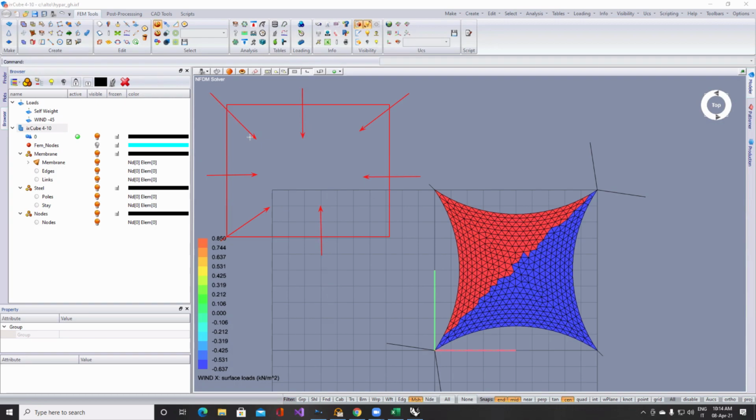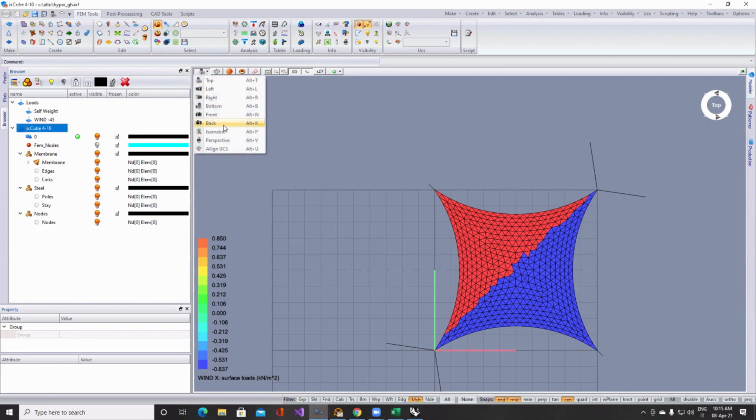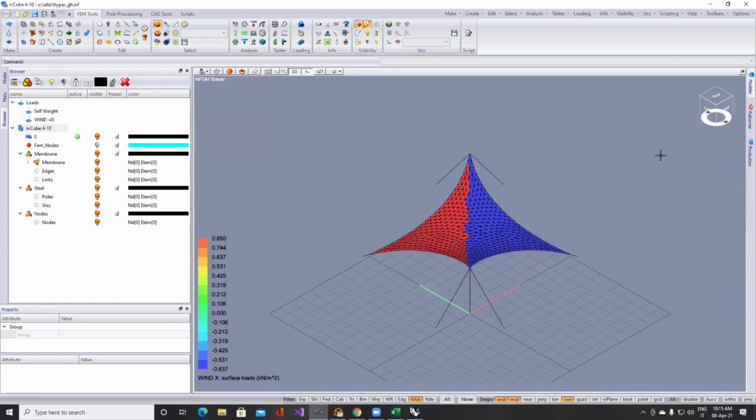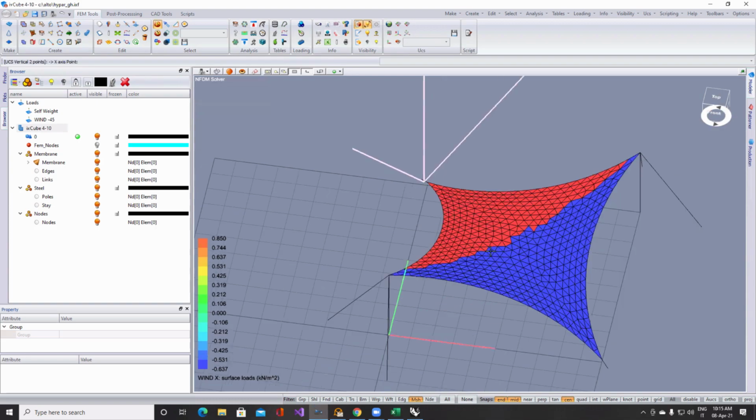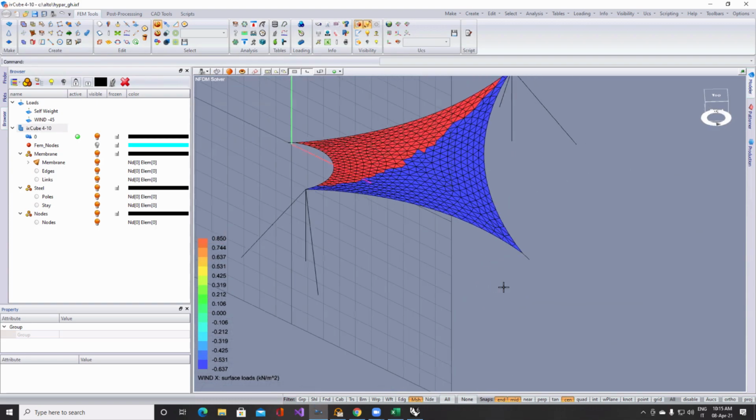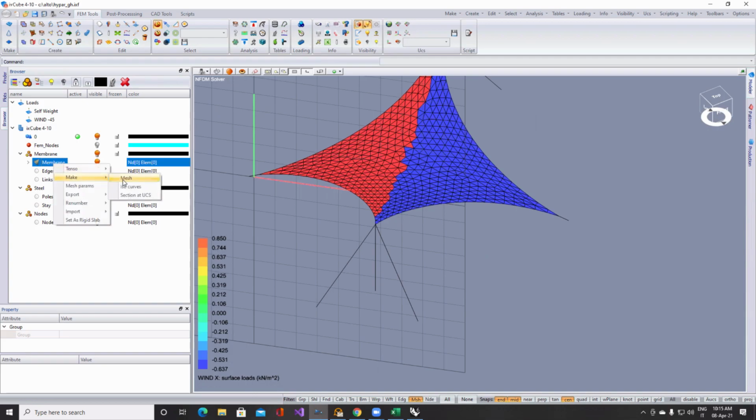Once we have defined the input of the wind, in this case, for example, if I go UCS vertical 2 points, this will be my geometry.